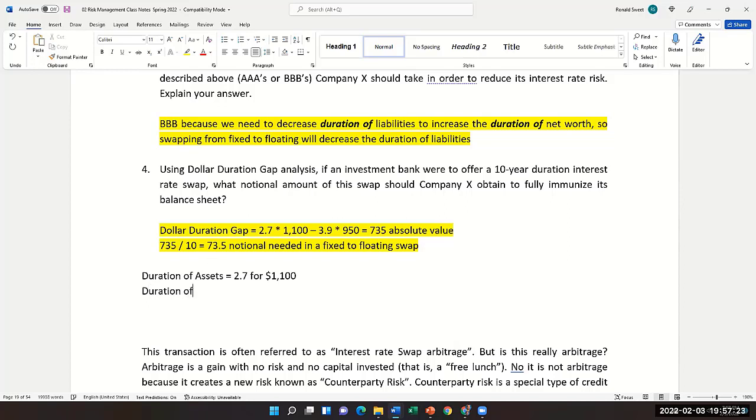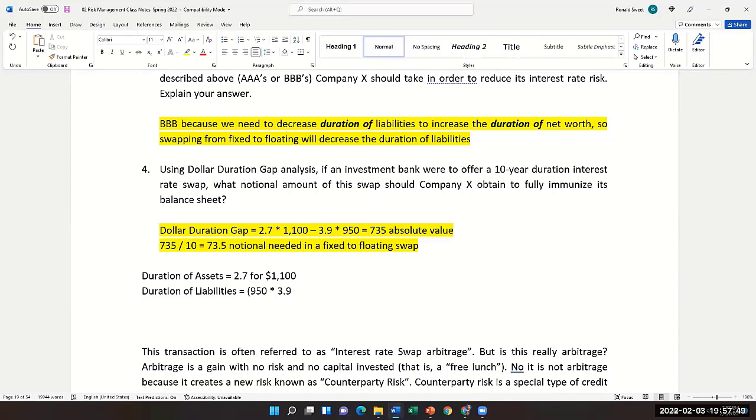Duration of liabilities, well, it's just changed. All right, so how do we handle that? Well, we had liabilities of 950 with a duration of 3.9. But now we just adjusted for another liability. We just did this interest rate swap, but we're going from fixed to floating.